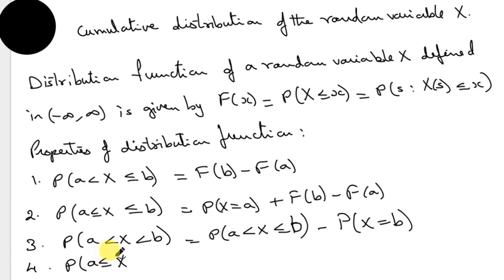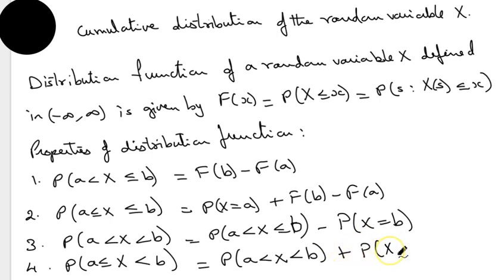Now let us consider this less than b. So a will be there, b will not be there. So this would be probability of a strictly less than x less than b, and also x equal to a has to be included. So plus probability of x equal to a.